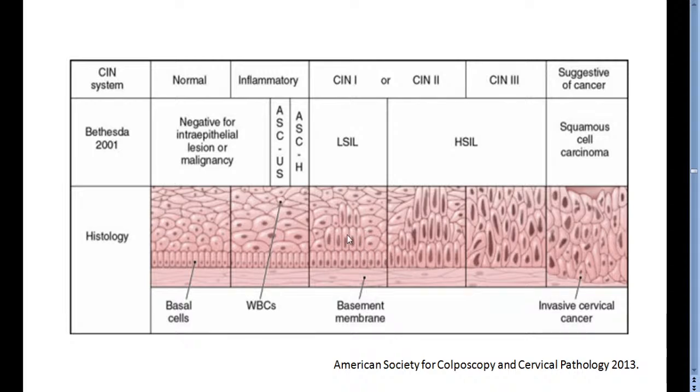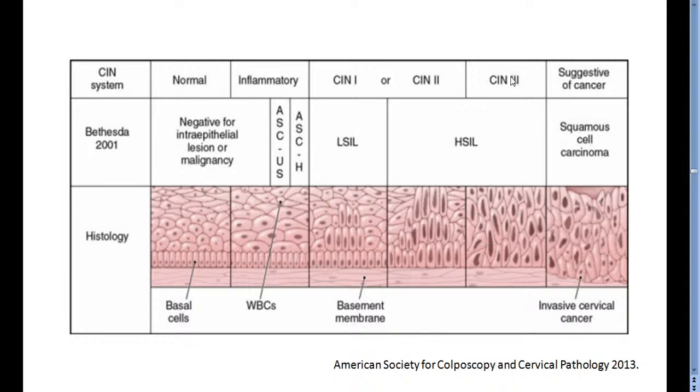If atypical cells conquer 1/3 of the epithelium, we call it low-grade squamous intraepithelial lesion, or CIN1. You see it here. If more than 2/3 are completely conquered by atypical cells, you see different, abnormal cells, they conquered the whole thickness of the epithelium.